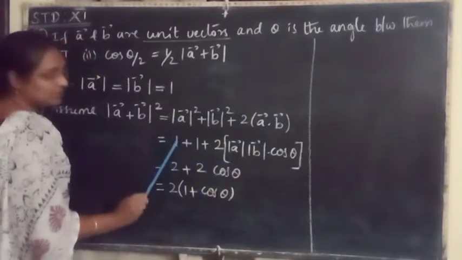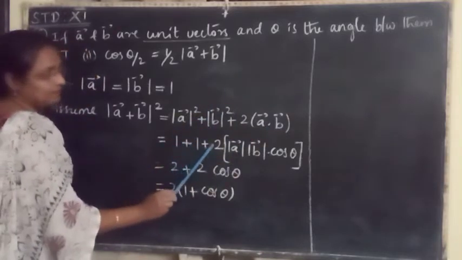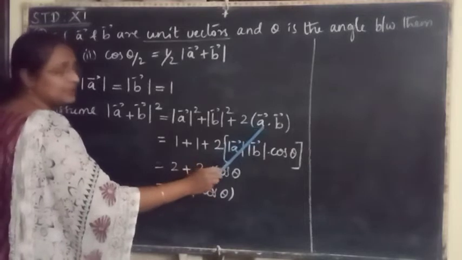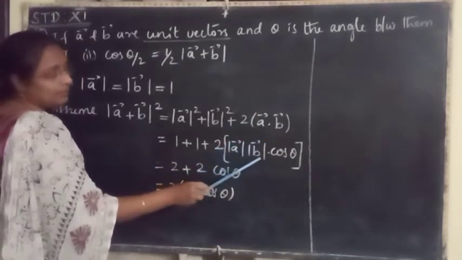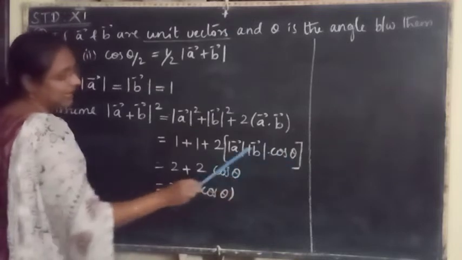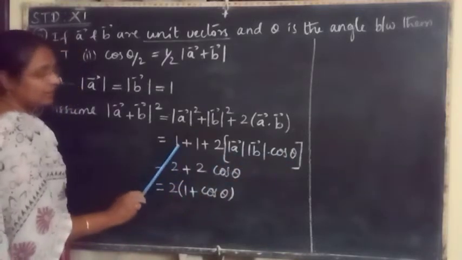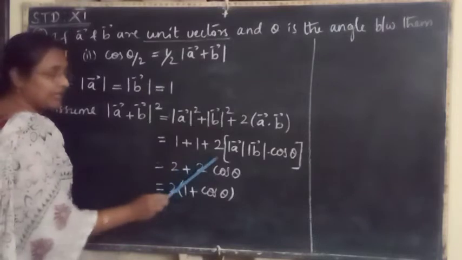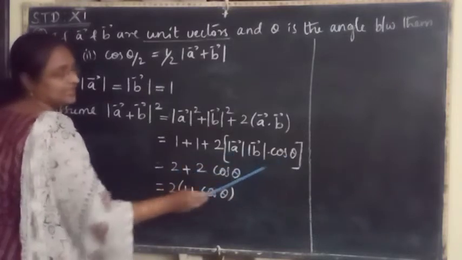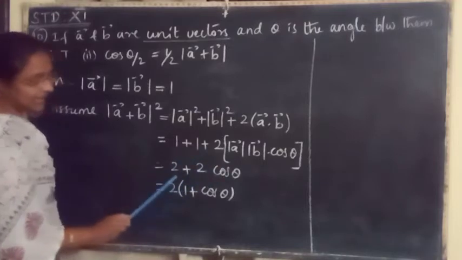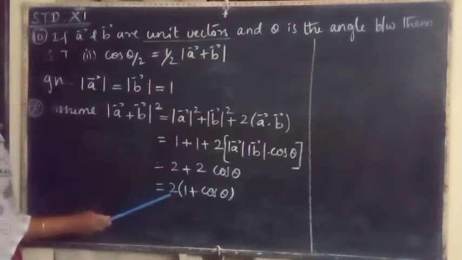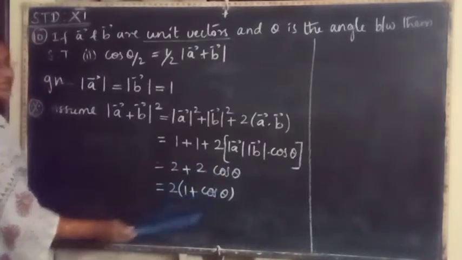Now I substitute 1 plus 1 plus 2 into, again substituting the definition of A vector dot B vector, modulus of A, modulus of B into cos theta. Substituting the values, 1 plus 1 is 2, and 2 into 1 into 1 into cos theta gives 2 cos theta. Taking the constant outside, I get 2 into 1 plus cos theta.